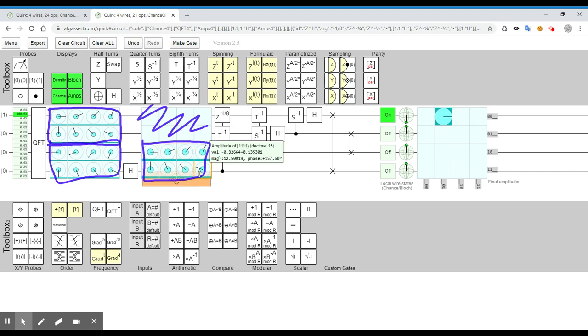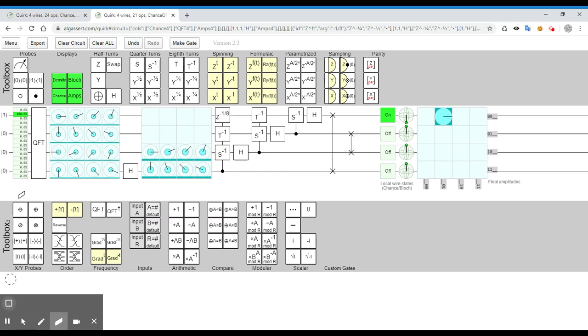So what this is telling you is that the qubit up here is going to be a 1, because this pattern indicates that it's an odd number.